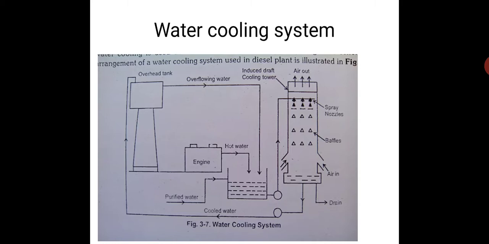Now we will look at one more aspect, that is the cooling of the diesel engine. The engine generates a lot of heat, and almost 30-35% of the fuel energy gets converted into cooling jacket heat, so that amount of heat has to be dissipated to the atmosphere.